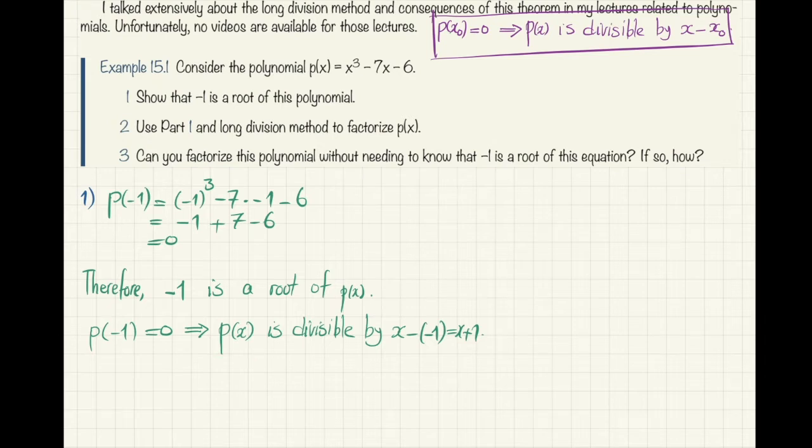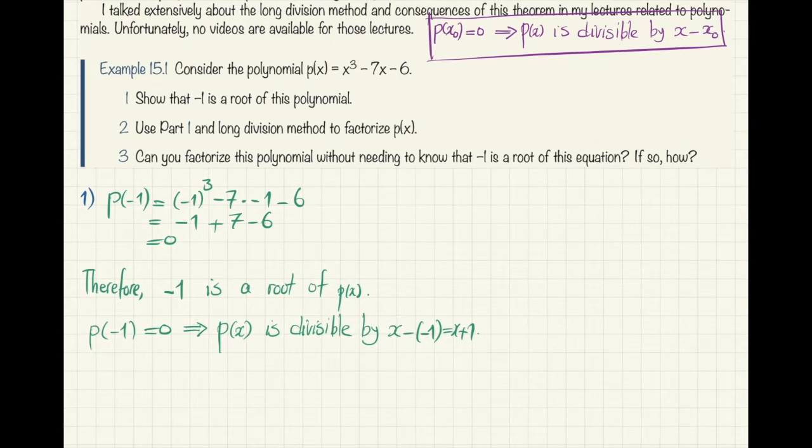What I am interested in now is finding the quotient of this division. Okay, because we have enough experience doing long division, let me just do it quickly here for you. So I would write x to the 3 minus 7x minus 6, and I would write it in this form.